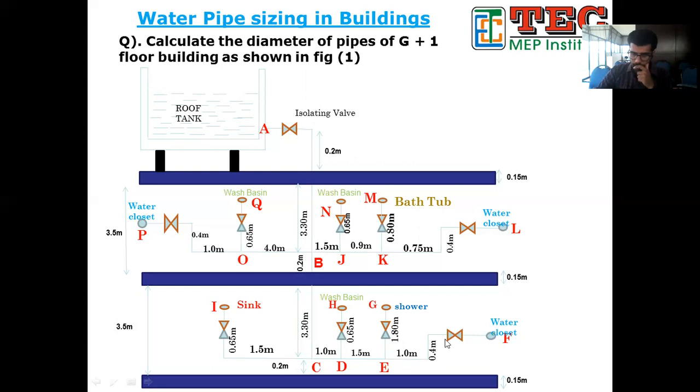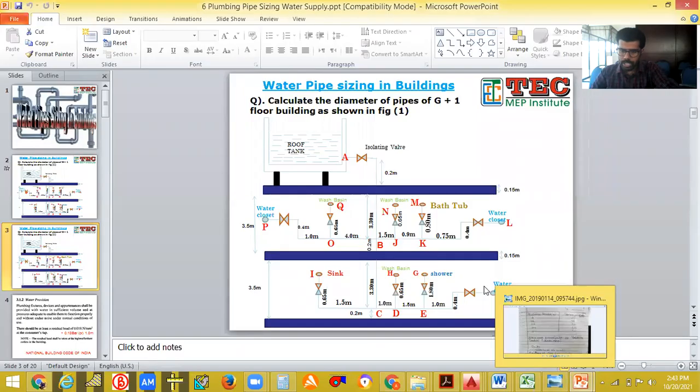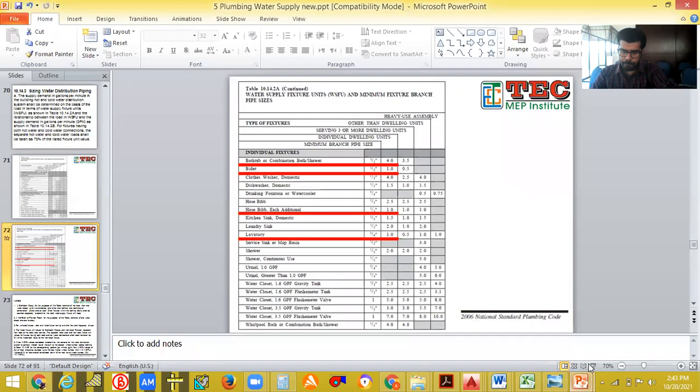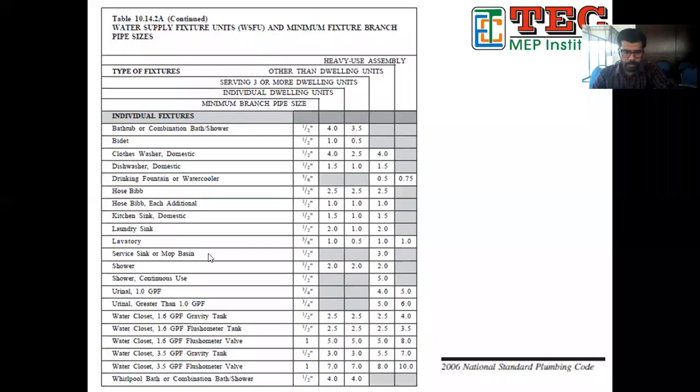EF is the pipeline to the water closet, so its pipe size should be the minimum pipe size of a water closet, ½ inch.